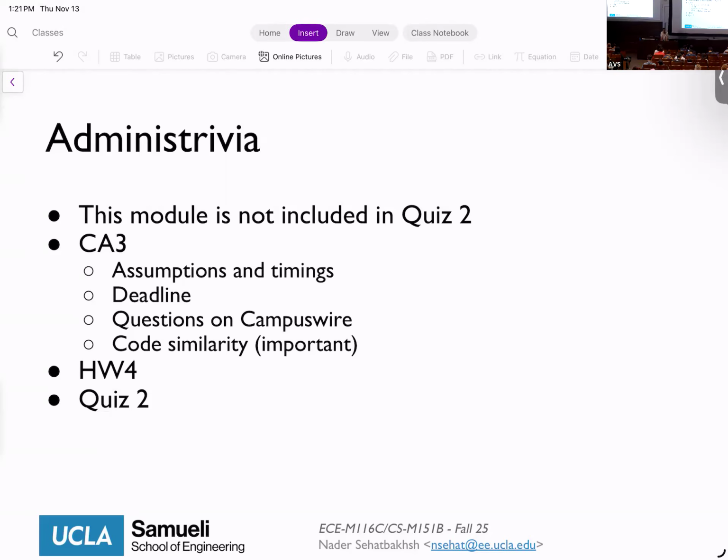Another thing is code similarity. I allow you to use ChatGPT, that's fine. You can also sit together and write code, but just make sure that your codes are sufficiently different. We run it through Gradescope, and Gradescope can very easily find similarities if you're moving your functions or changing your variables and things like that.